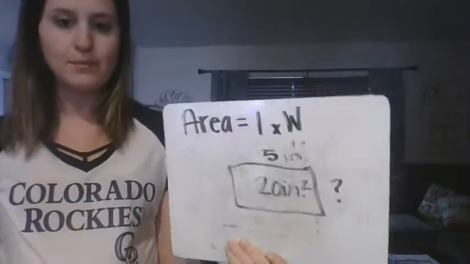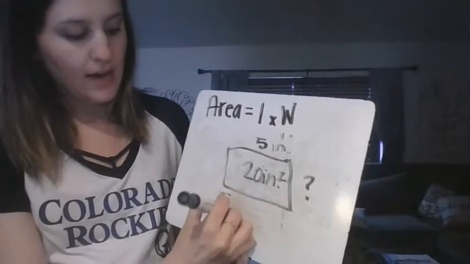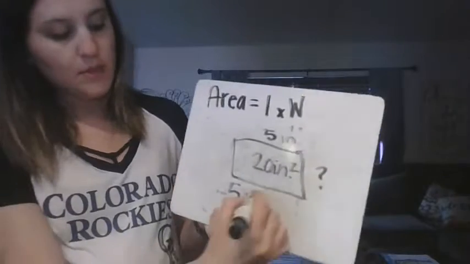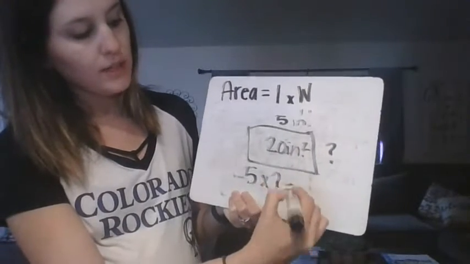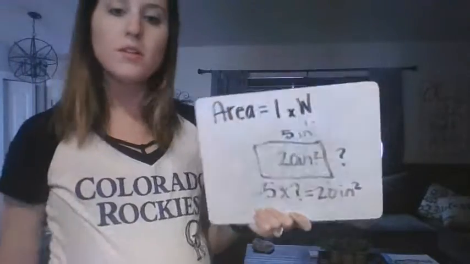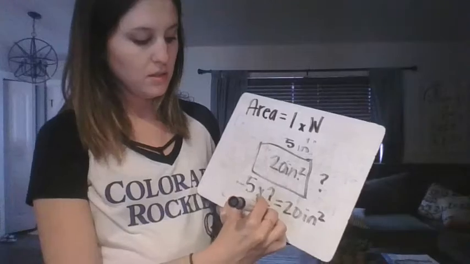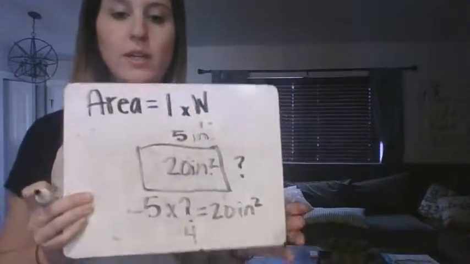How can I solve that? Again, I'm thinking 5 times what would give me 20 inches squared? Well, 5 times 4 gives me 20 inches squared.